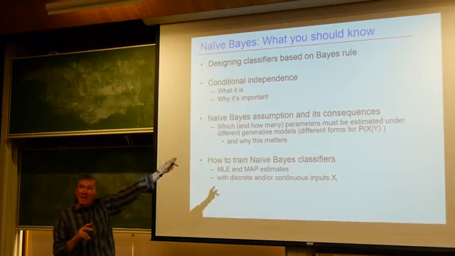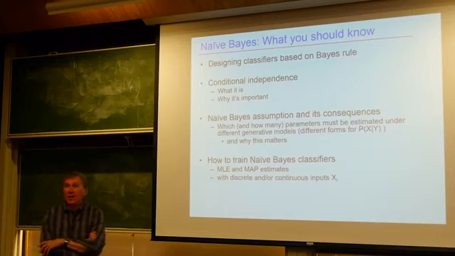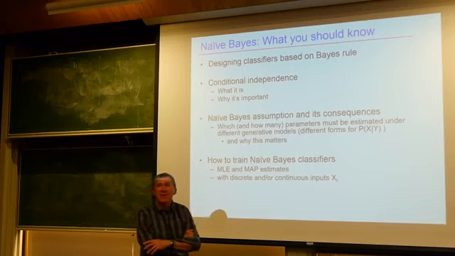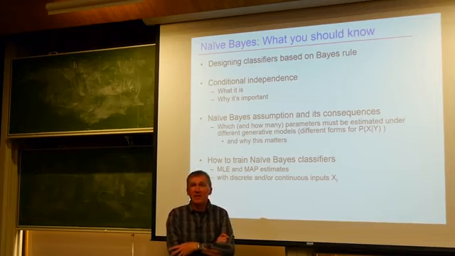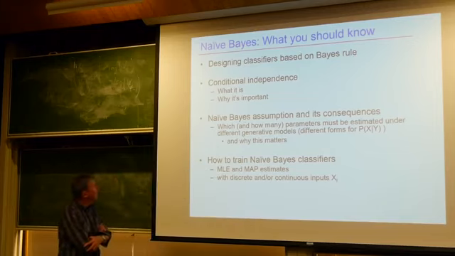Naive Bayes is really based on this idea of conditional independence. You need to understand that and why it's important. Of course, it's important because it allows us to reduce dramatically the difficulty of estimating probability distributions if we happen to be willing to make that assumption.